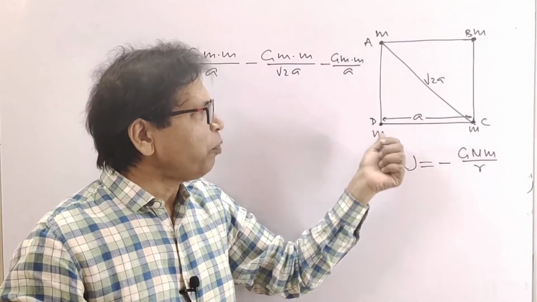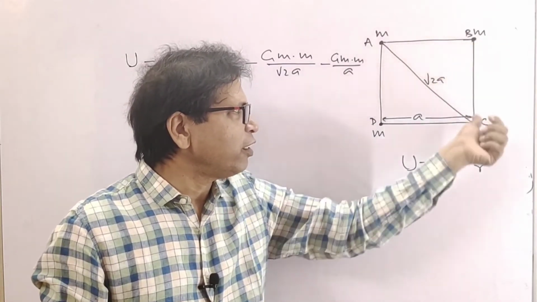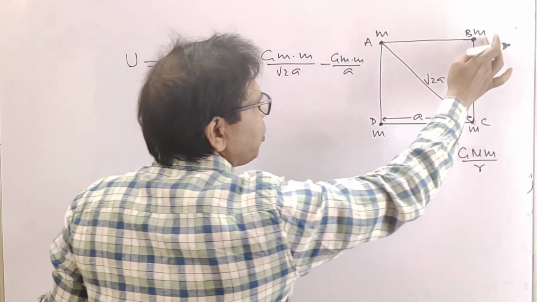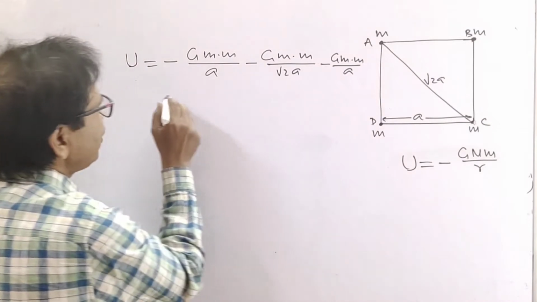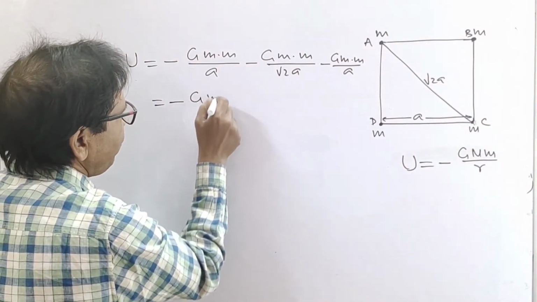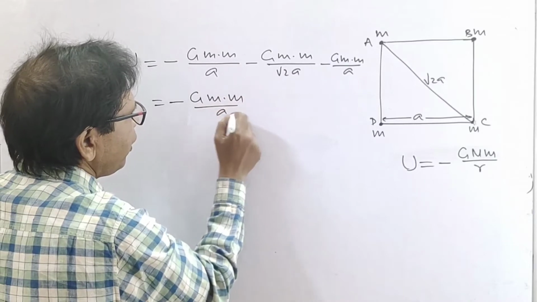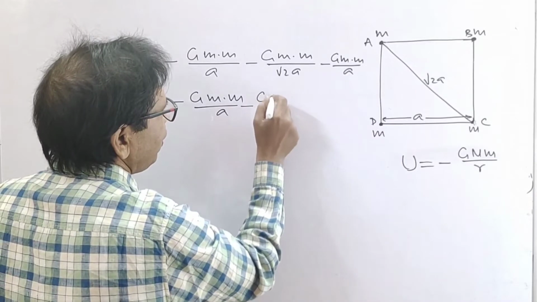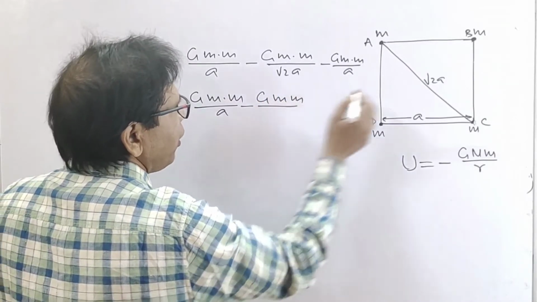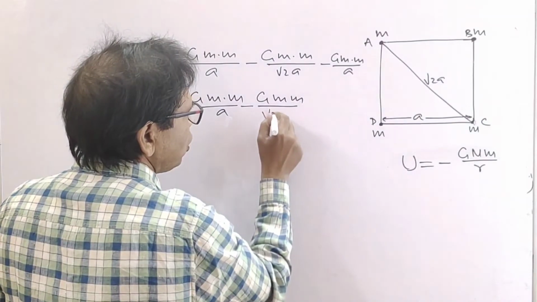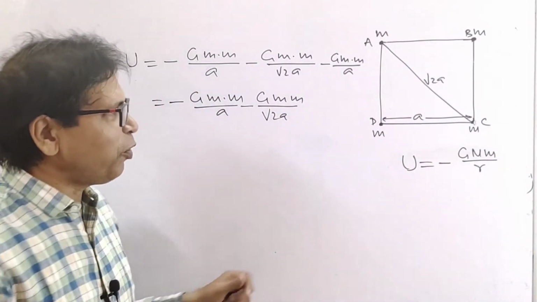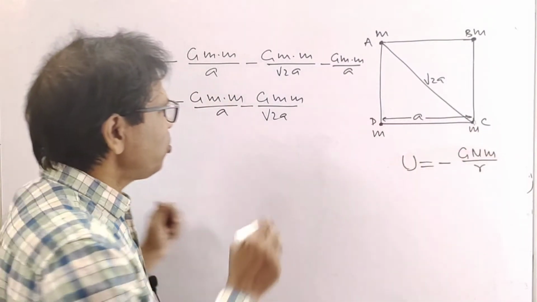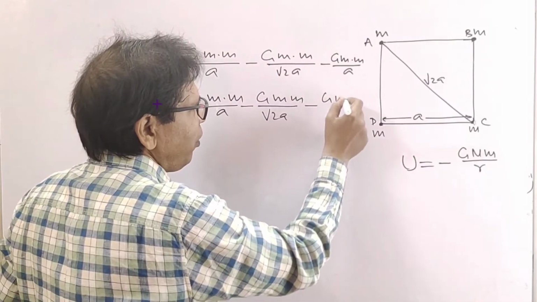Okay, now we have to calculate potential energy between this and this. Look at this, the potential energy between this mass and this mass is minus G M into M divided by A. Now potential energy between this mass and this mass is minus Gmm divided by, this distance is root 2a, so root 2 into a.